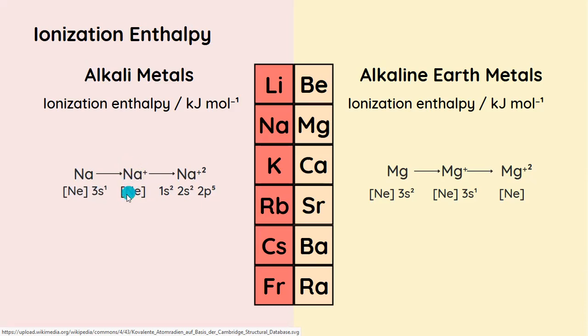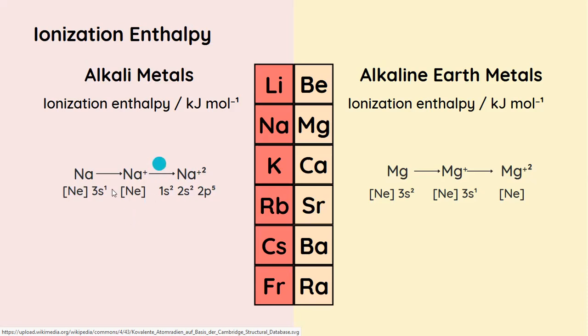Now, when we talk about the ionization enthalpy, as I told you, it is difficult for the alkali metals to lose this configuration and come to this one. On the other hand, it was noticed that the alkaline earth metals had a tendency to lose this one electron, and the second ionization enthalpy value of alkaline earth metals was much smaller than that of the alkali metals. We're only talking comparison.